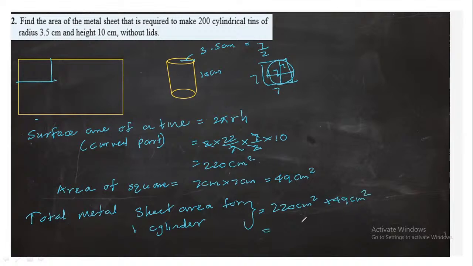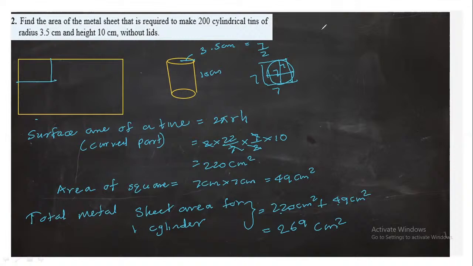That is how much here? 220, sorry, plus we have to add this 49. 9 and this 0, 9. 4 and 2, 6. 2. 269 square centimeter. The total metal sheet area.